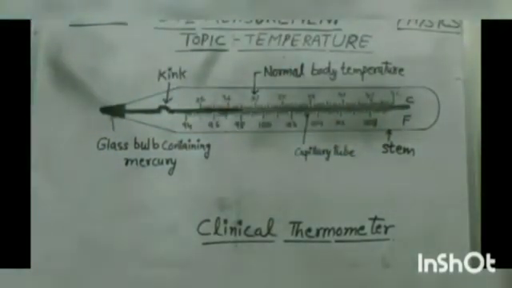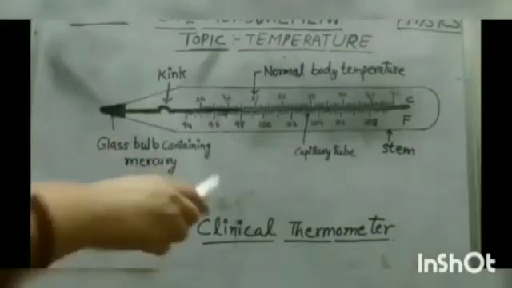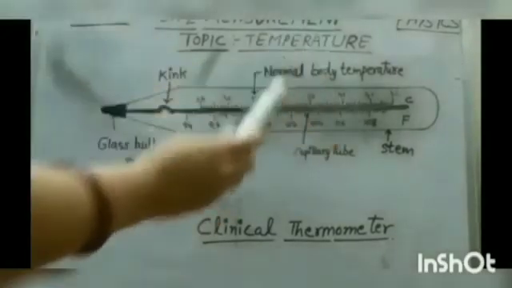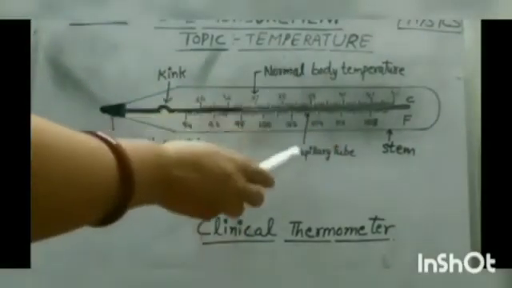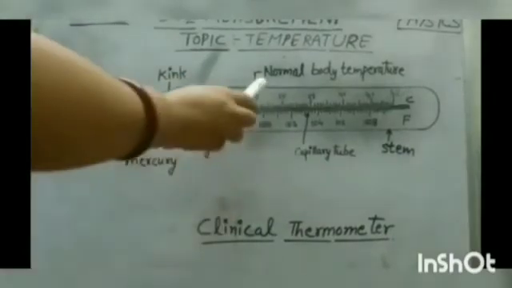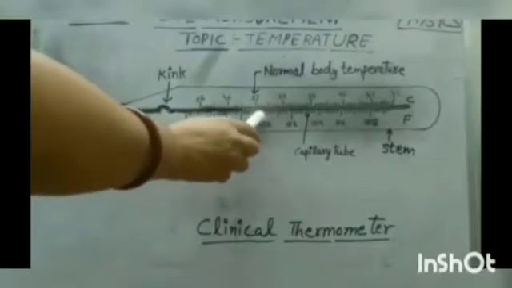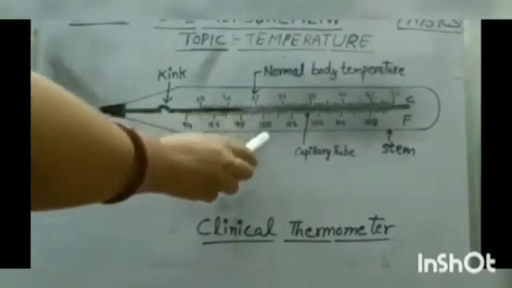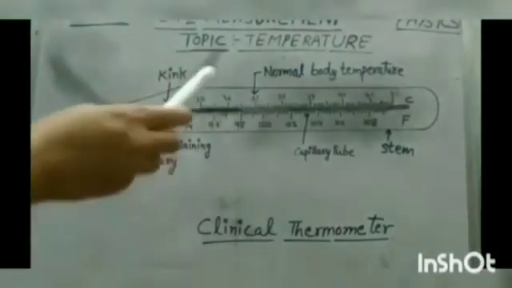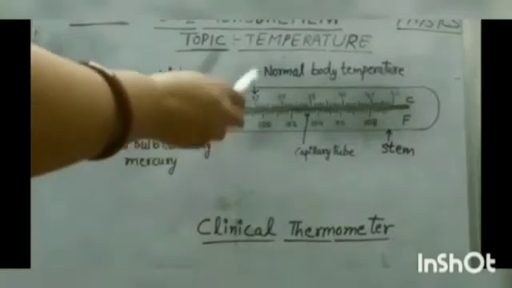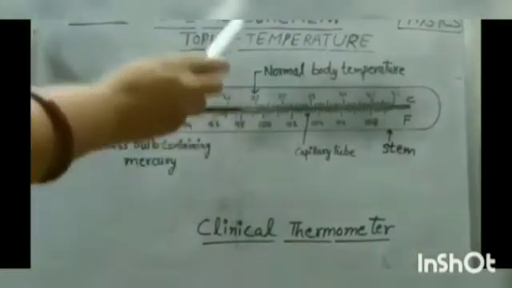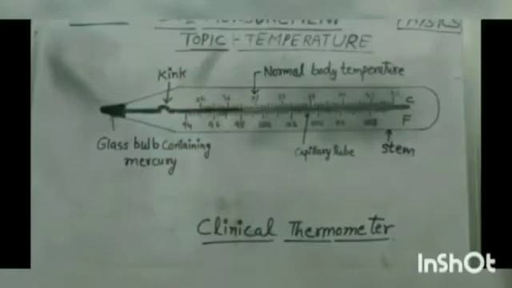The temperature of the human body does not go beyond this temperature range. The normal temperature of a human body is 37 degrees Celsius or 98.6 degree Fahrenheit. A temperature above these indicates that a person is having fever.